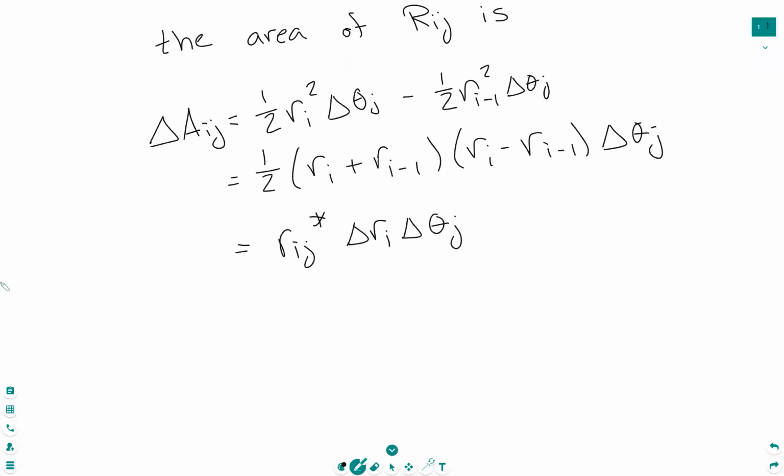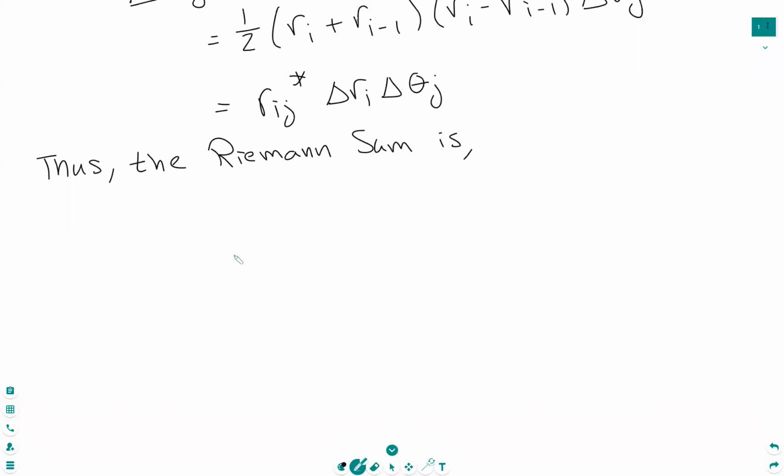So let's write this as a Riemann sum. Thus, the Riemann sum is our first sum goes from i equals 1 to some m, and maybe we have some other sum here that goes from j equals 1 to some n, and we have f of x and y, but we can't use x and y.